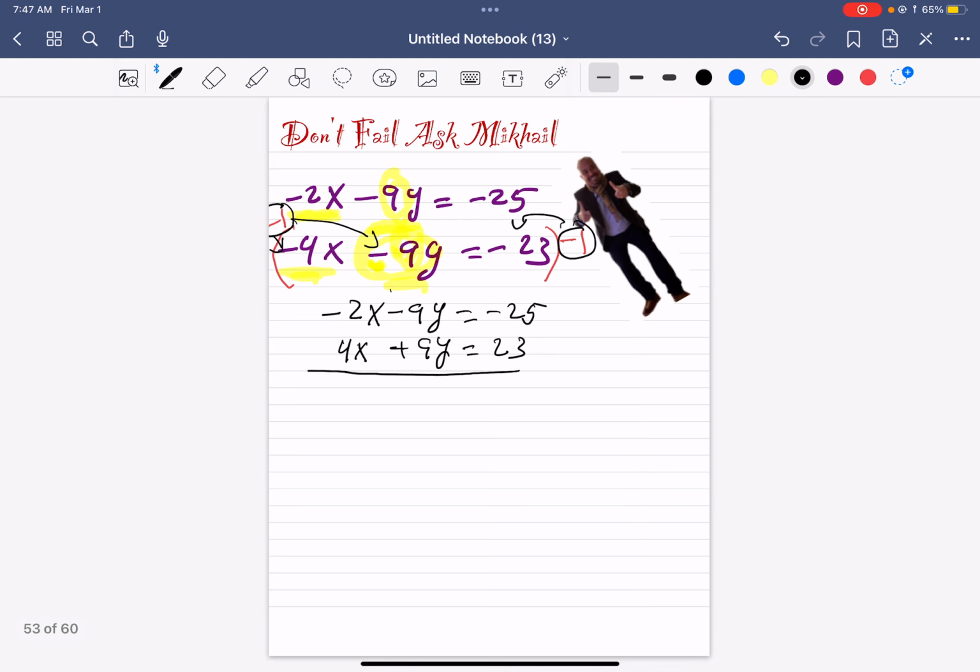Now when I add, this cancels out, and I have negative 4 plus positive 4 plus negative 2, positive 2x, equal to negative 25 plus 23, negative 2, and that will make x equal to, if I divide both by 2, negative 1.